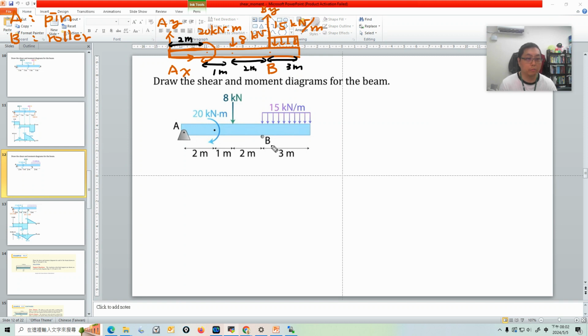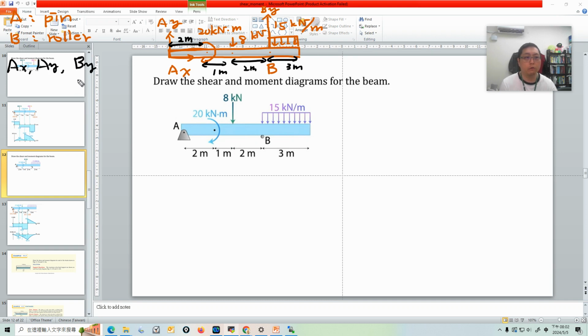Here's a reaction because B is a roller support. There's a reaction force from B. We have to solve for Ay before we draw the shear moment diagram. We have to solve Ax, Ay, and By.